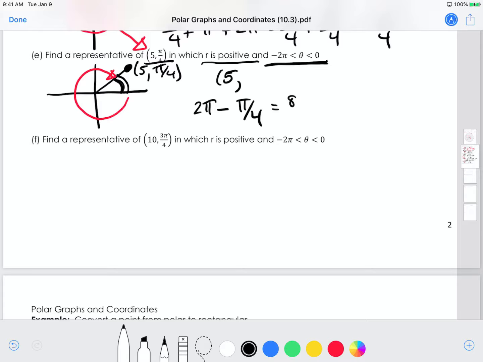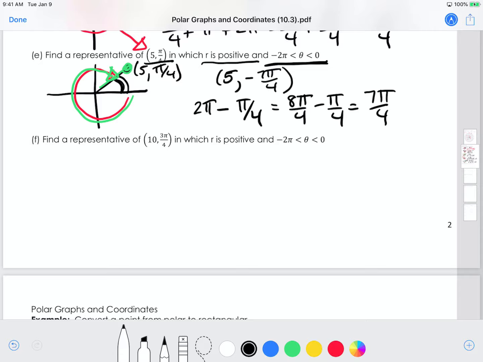So that's going to be 8 pi over 4 minus pi over 4 when I make a common denominator. And that's going to give me 7 pi over 4 in the negative direction. So if I open -7 pi over 4 this way and come out 5, I'm going to land in the same spot. So my angle should be -7 pi over 4.